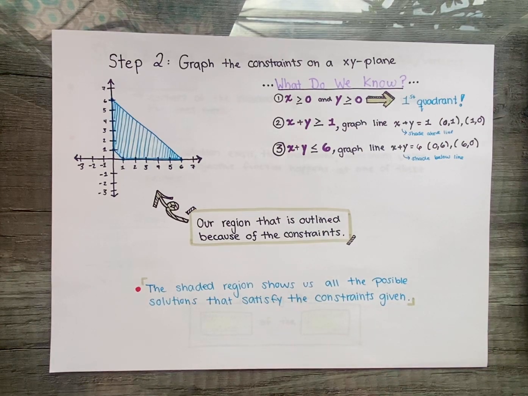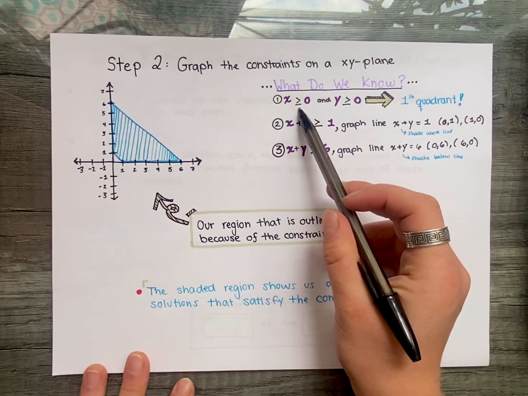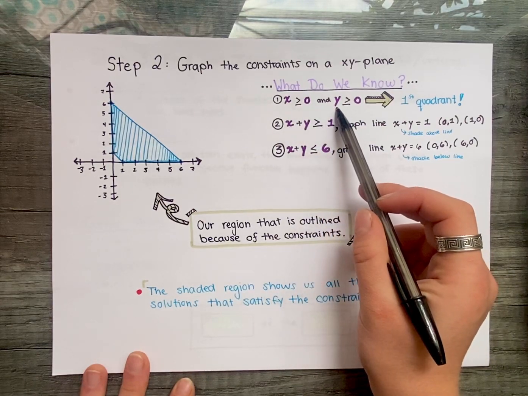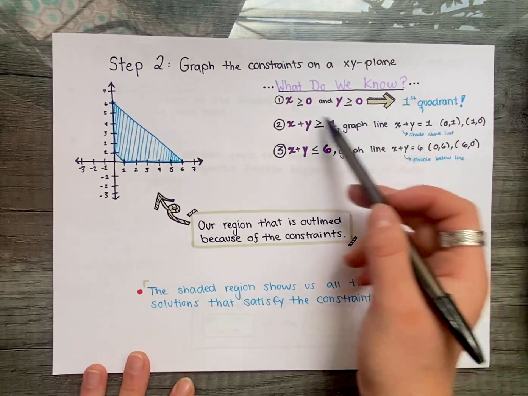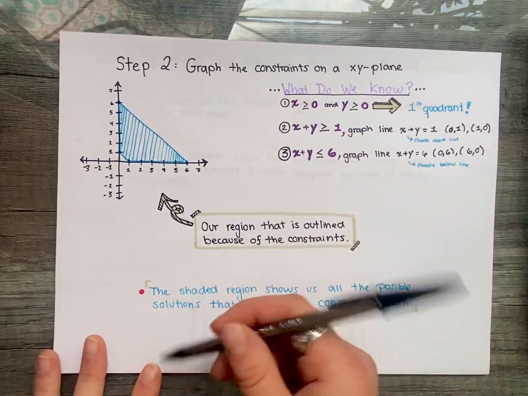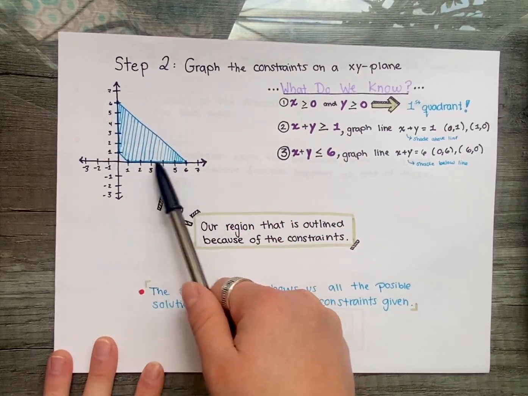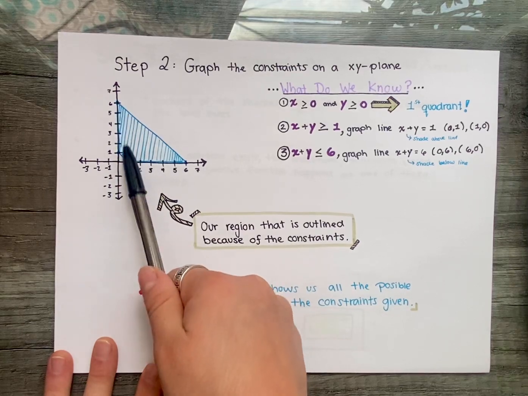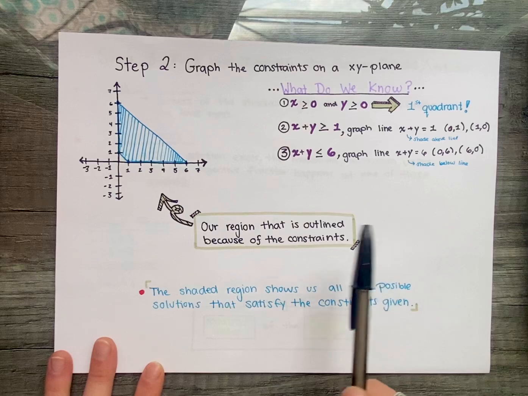The first two constraints, x is greater than or equal to 0 and y is greater than or equal to 0, tell us that it's in the first quadrant. That's why our little figure is drawn only in the first quadrant.